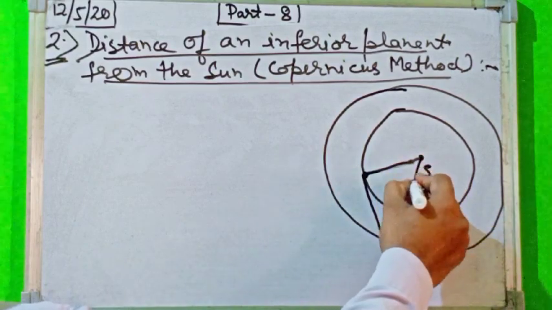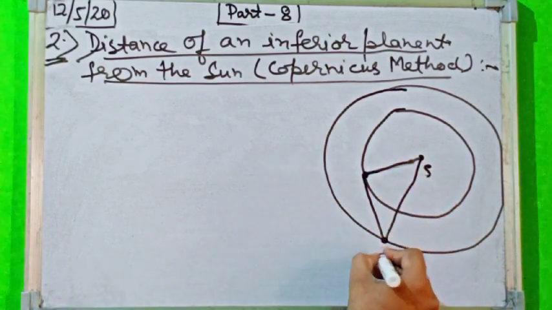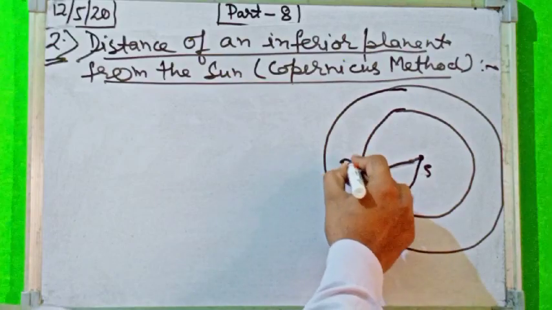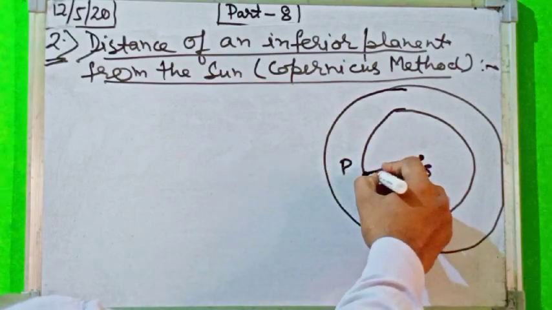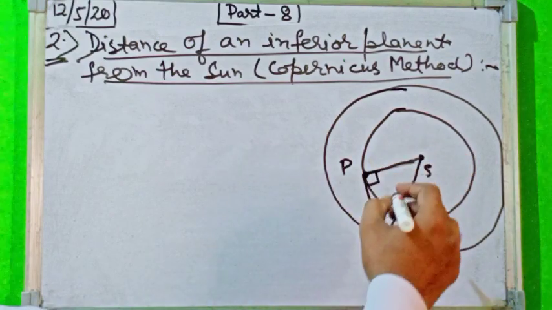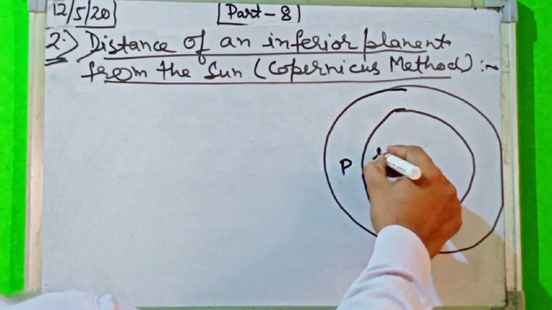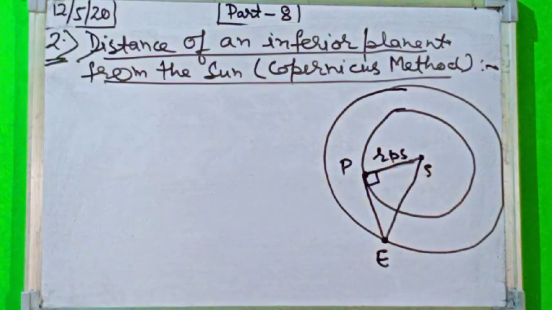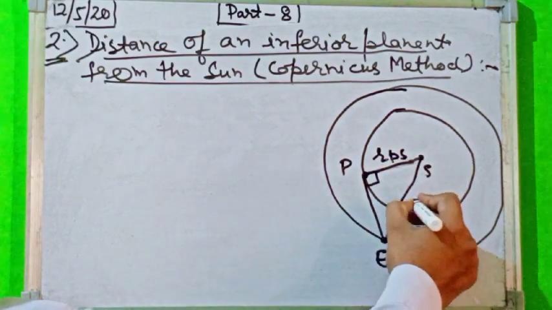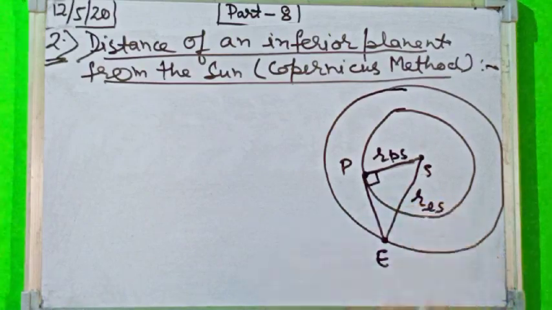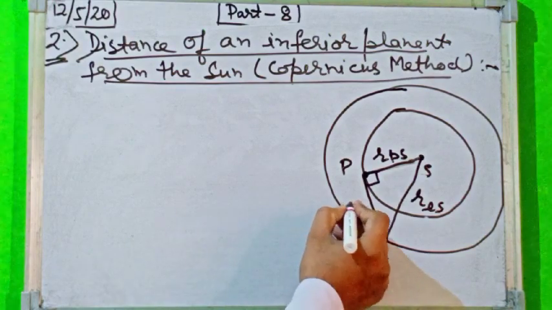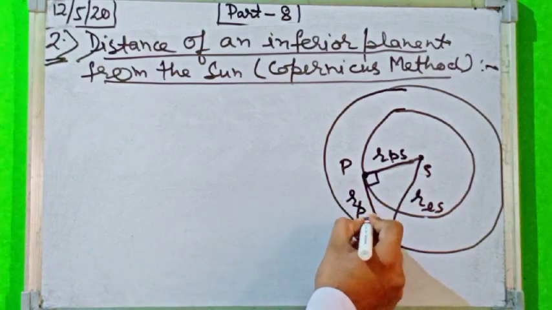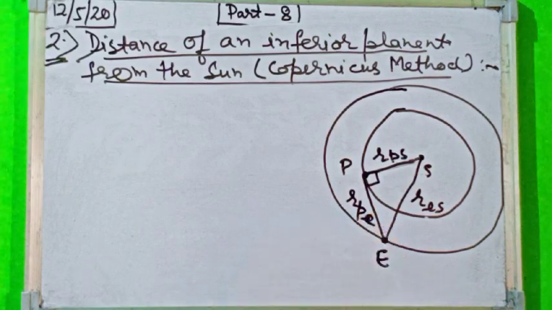This is the position of the earth, and this is the position of the planet. This is making an angle of 90 degrees. This radius is denoted by RPS, the radius of the planet with respect to the sun. This is RES, the radius of the earth with respect to the sun, and this is RPE, the radius of the planet with respect to the earth.